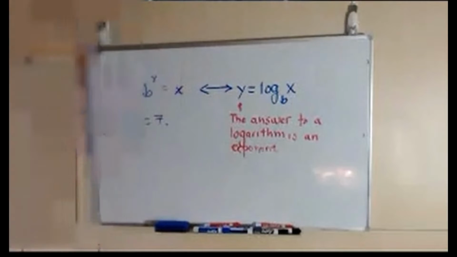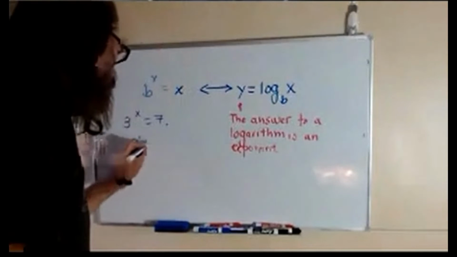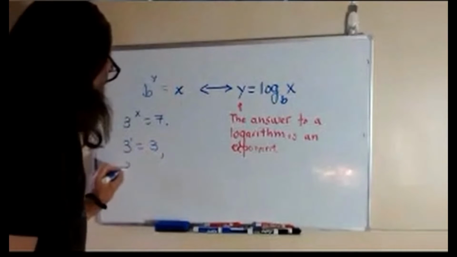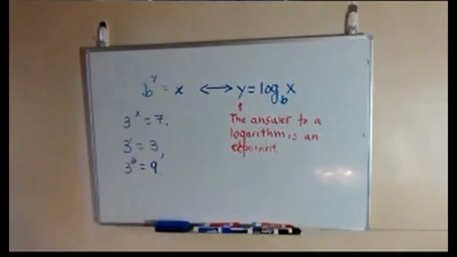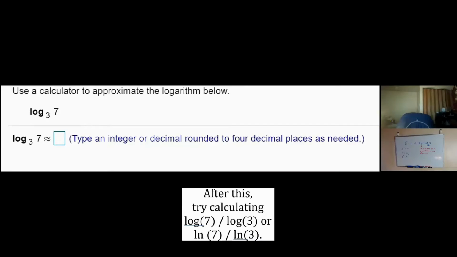We know that 3 to the first is 3, and 3 squared is 9. So we're looking for something in between 1 and 2, because remember, the answer to a logarithm is an exponent. So what power of 3 do we need so that 3 to that power equals 7?